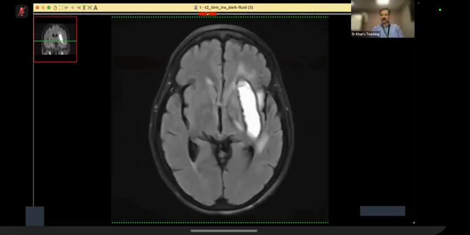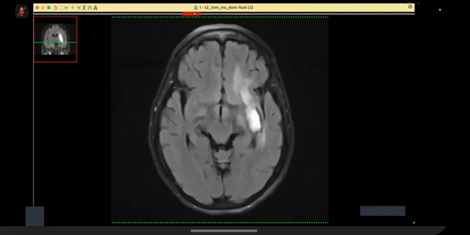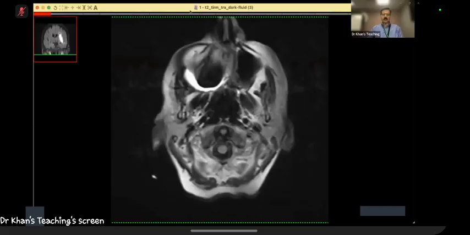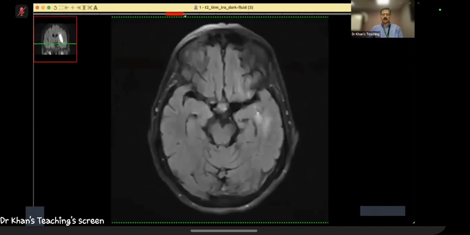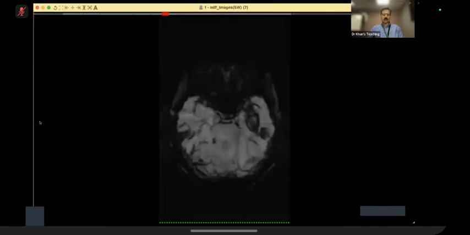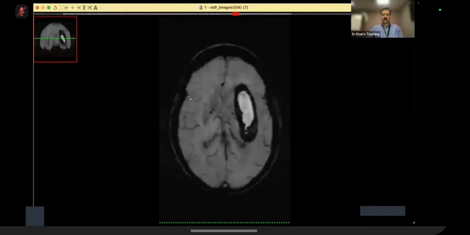What will you like to do next? I like to see this signal change in other sequences, like gradient echo images. Just a second. This is a gradient echo.